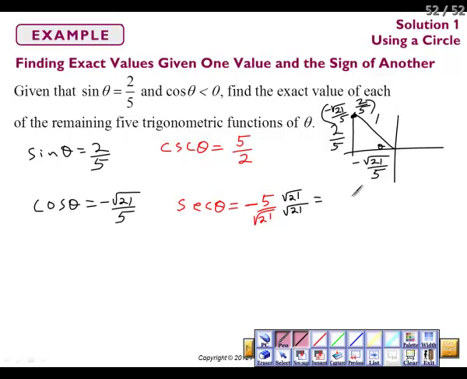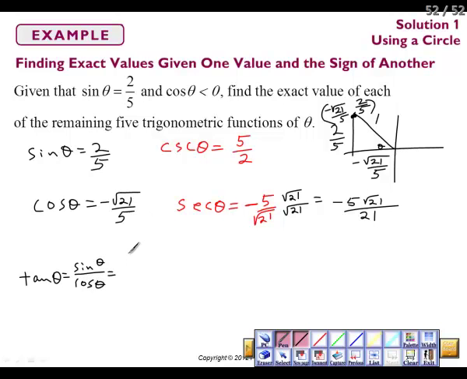So this is going to be a negative 5 square root 21 over 21. This will be basically square root of 21 squared, which will just be 21. Okay, so that's secant.